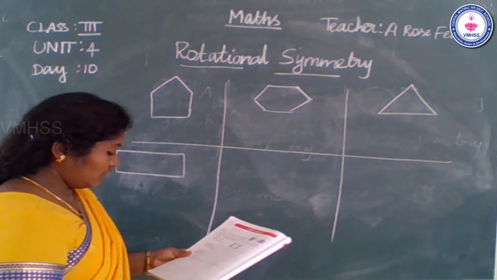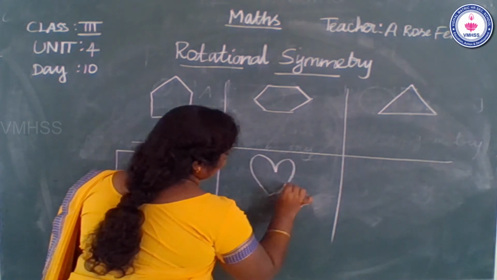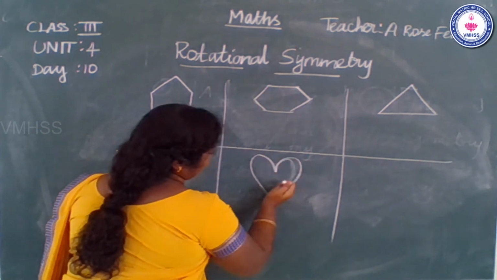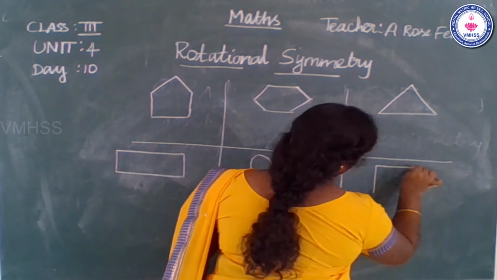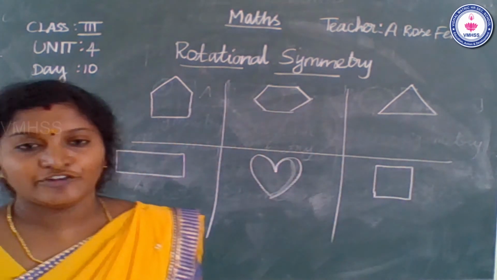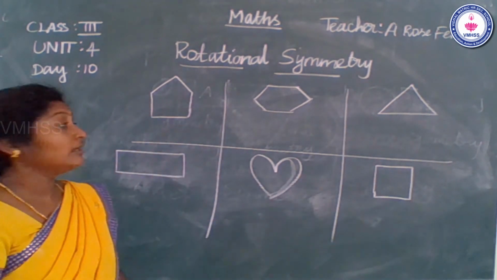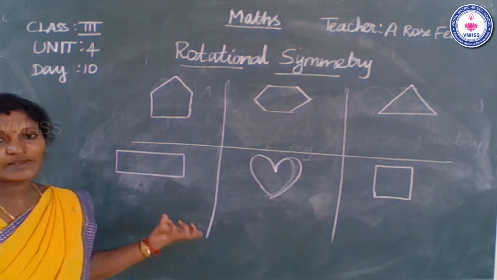So, the nose. Okay, ma? So, last one, square. Okay, children, time for you. So, you have 20 seconds time. Please draw these pictures. Okay, take a note and draw this picture.